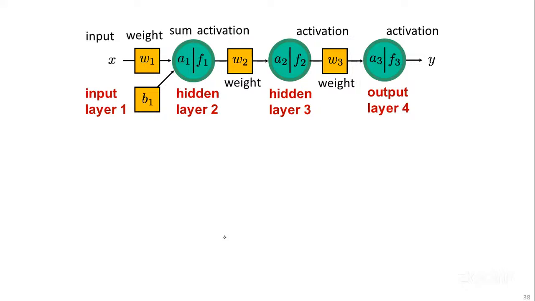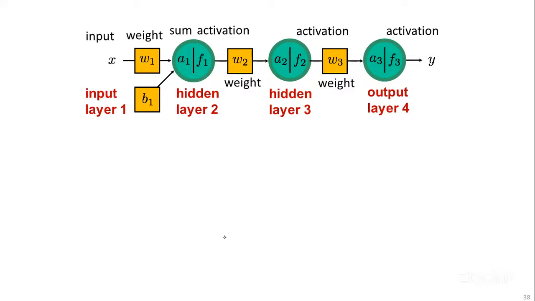Here you can see this is your input layer, layer number 1, with weight and bias. Now, what is your A1? A1 is nothing but W1, B1. F1 is your activation function. You pass this A1 to this activation function, and that gives your output.